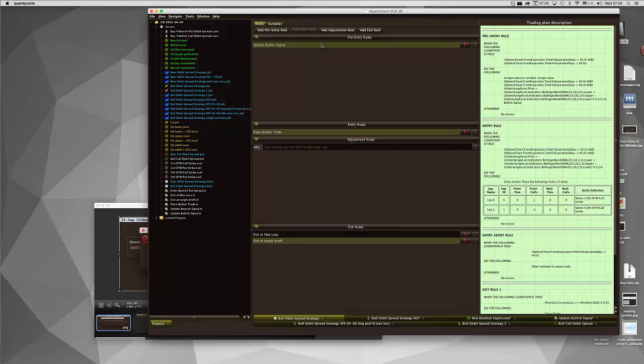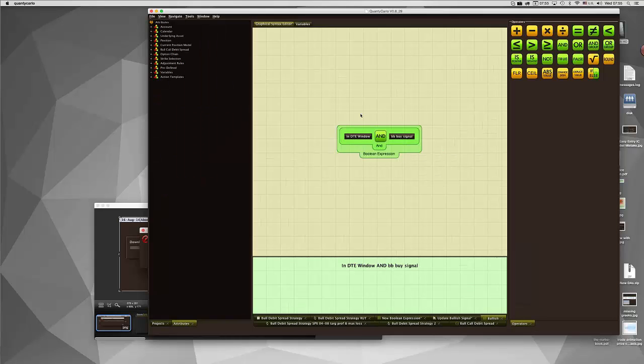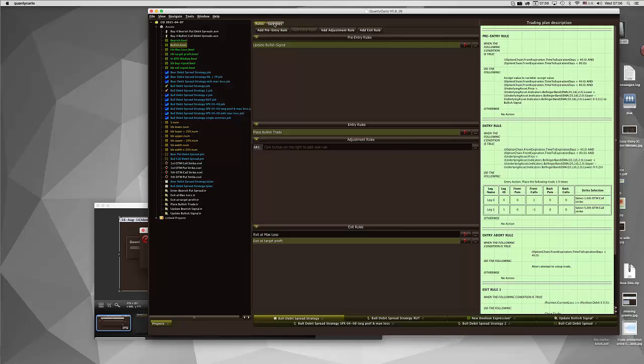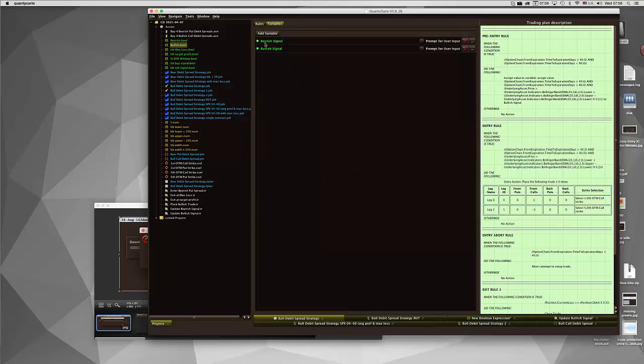What I'm seeing. So if I wanted to build this from scratch, let's say I've got my bullish signal already defined, and I want to assign this value to a variable, the variable in this case being my bullish signal, which I've defined here.